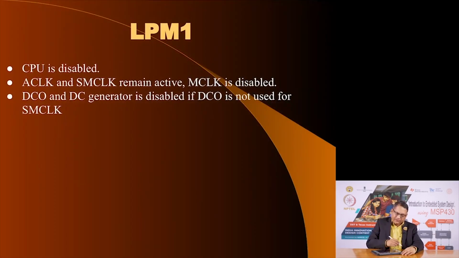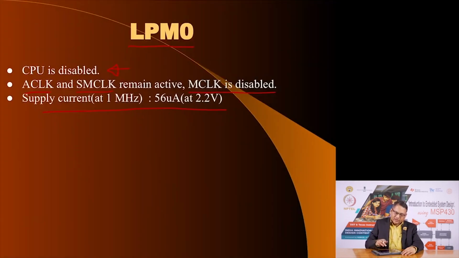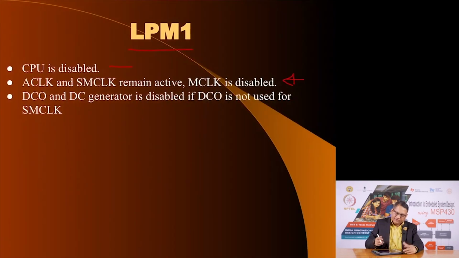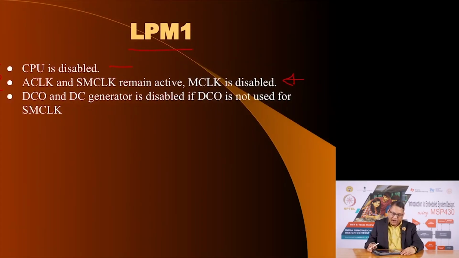Beyond LPM0, you can choose to go for LPM1. Here also the CPU is disabled, your ACLK and SMCLK are still active, and your MCLK is disabled. Now, what is the difference between LPM0 and LPM1? The first two features are common to both. The difference is that the DCO, the digitally controlled oscillator, is disabled if the DCO is not being used to power the SMCLK.